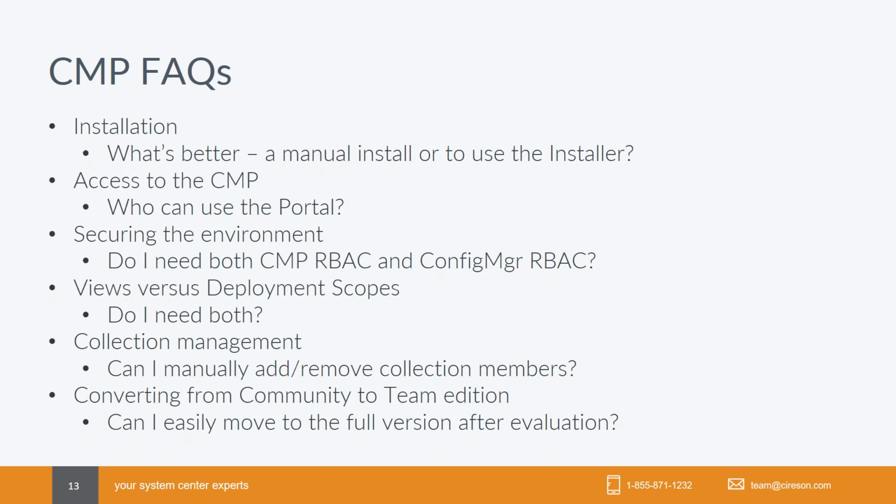You will keep all of the views you created, all your security settings, all your templates, all your deployment scopes and so on. All those things will be maintained inside your Team Edition once you've done your testing in the community or trial environment. So it's very easy to start and then move over once you decide to purchase the product.